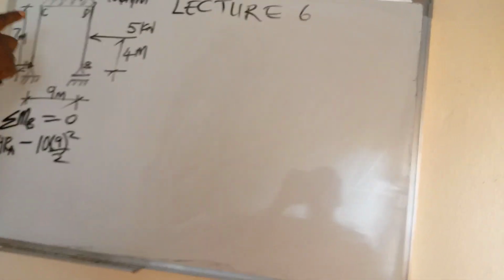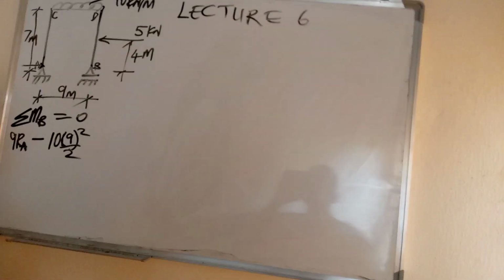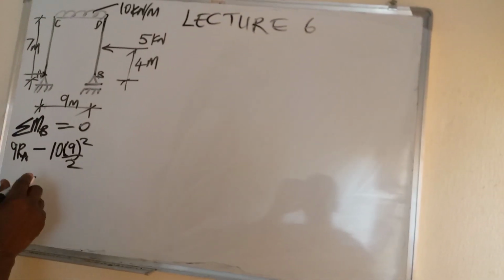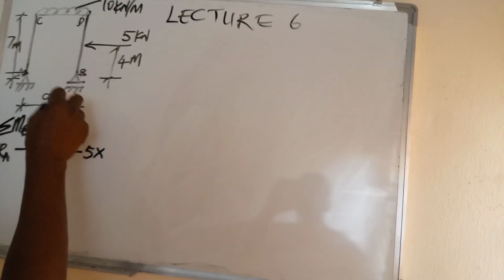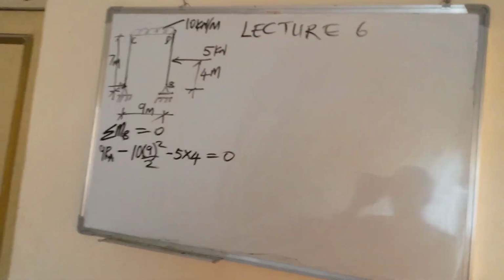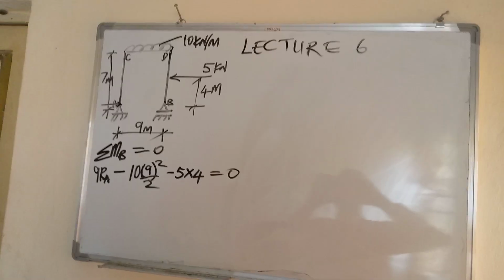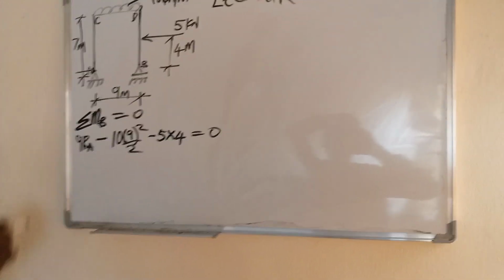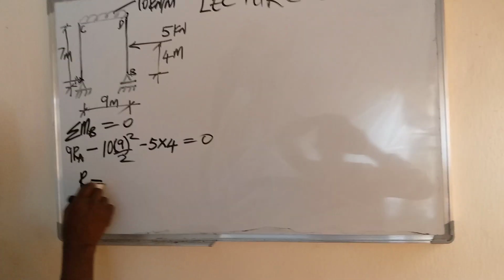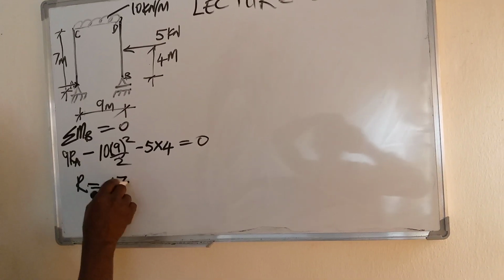Then RA turns this way, and the load turns against it at point B. Then the point load 5 also turns against RA, so minus 5 times the distance from B, which is 4, is equal to 0. Total moment at point B is equal to 0. And as such, RA is equal to 47.22 kilonewton.